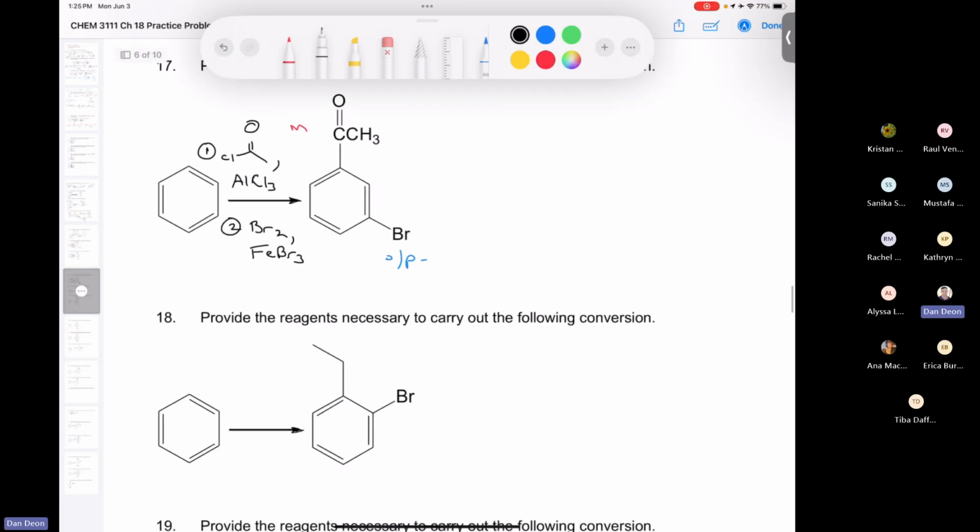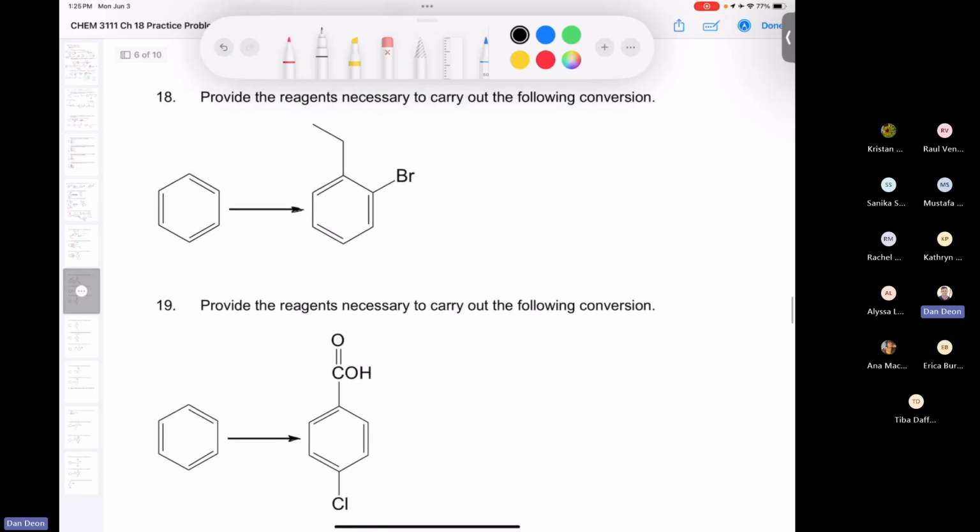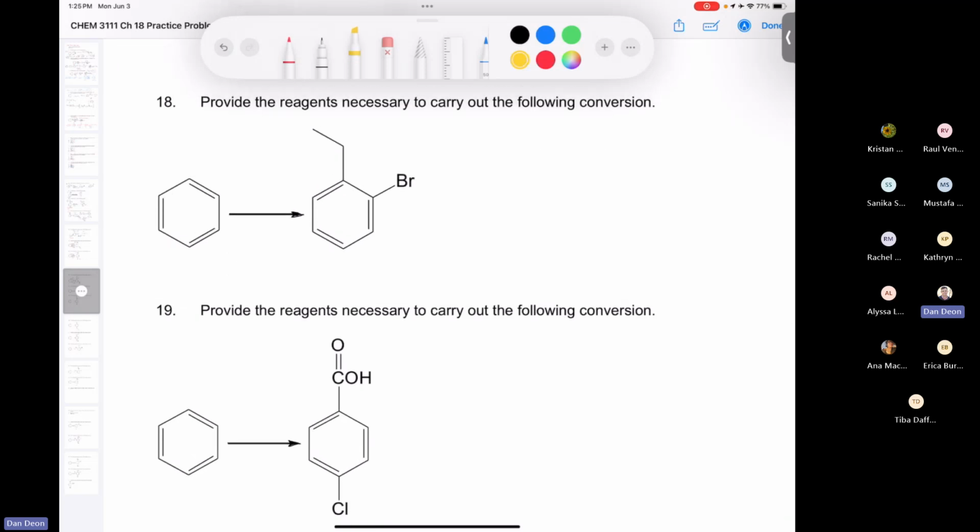Okay, next one. Again, a little more involved, number 18. Why? Because you have two groups that are ortho to each other. So we have the ethyl group, and then we have the bromine, and they are ortho to each other. So how are we going to get the bromine ortho to the ethyl group? Well, I think the best thing to do would be to put the ethyl group in first, then put a blocking group in, right?